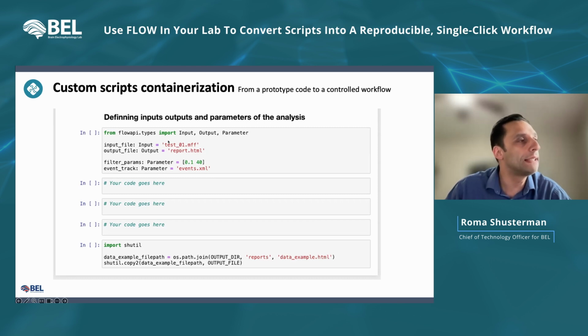These annotations will be used for containerization, and also for automatic user interface creation. This set of annotations, and there are a few more, is supported by our Flow API package that we built within Flow.